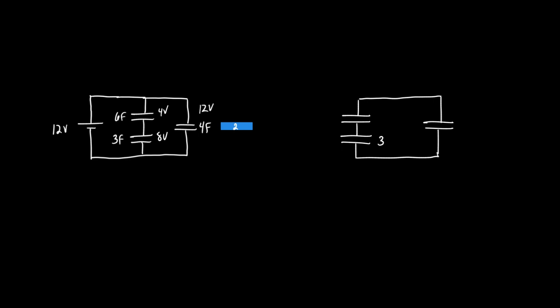So my 3 farad here, my 4 farad here, but the dielectric is going to be put here. Now I want you to be careful. You know how much charge was separated in this circuit.